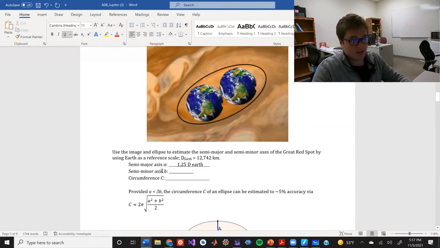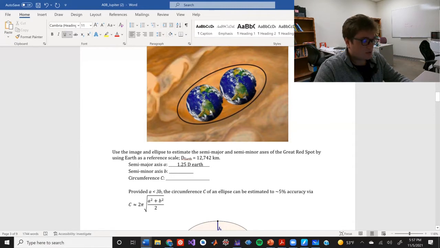We can find the semi-minor axis B as well, and we know from the diagram below that it's this point to this right here. Now, if you imagine moving this Earth over here, it's a little bit larger than one Earth radius. Not the diameter, we're now working with radius, which of course we know is half the diameter.